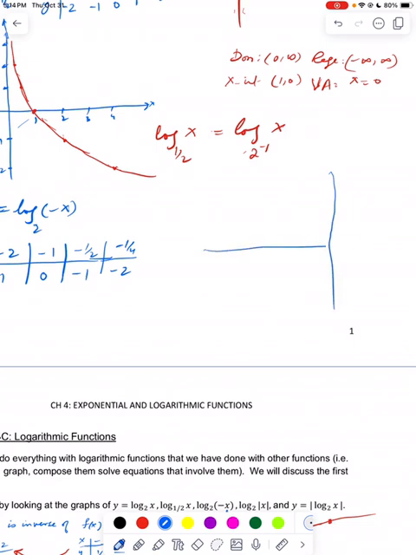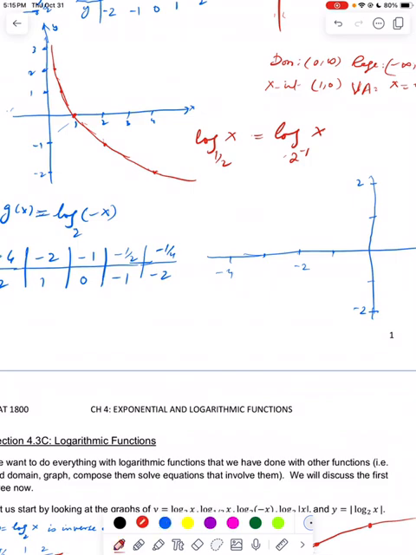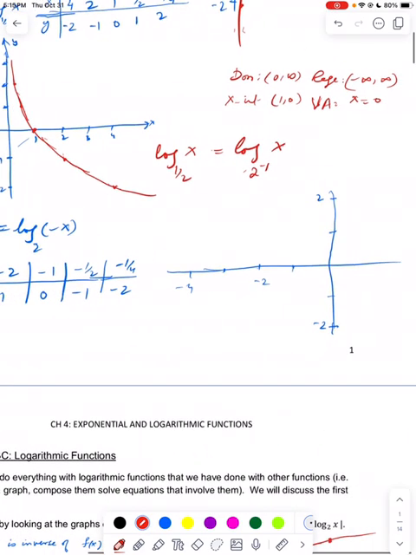So now this time we need more space on the left side. So 1, 2, 3, 4. Okay, so plot the points. So at -4, we are at 2. At -2, we have to be at 1. At -1, we are at 0.